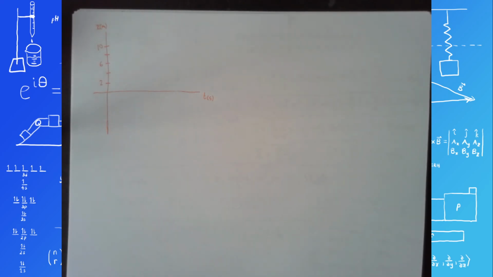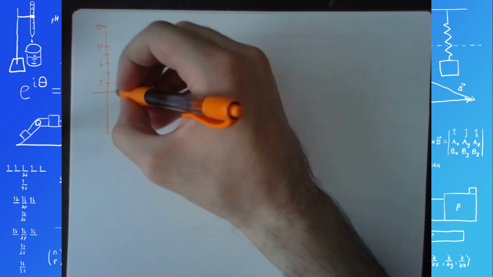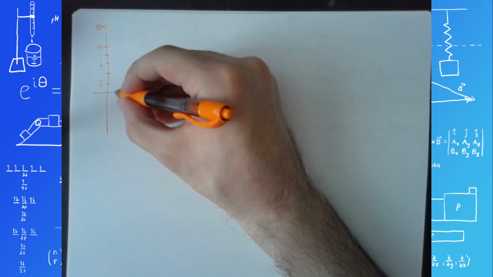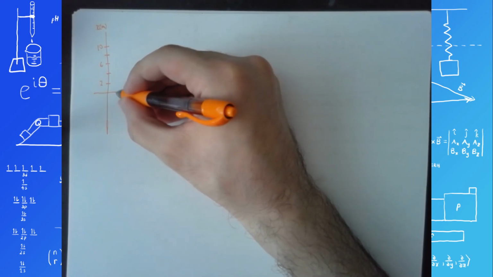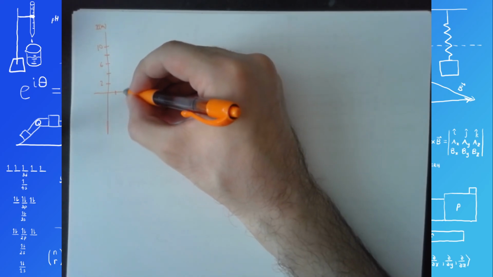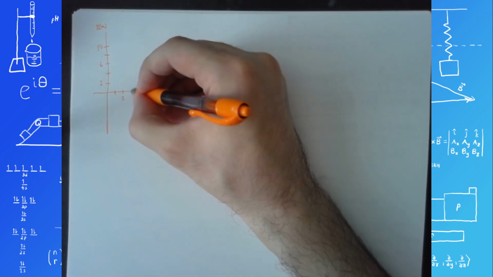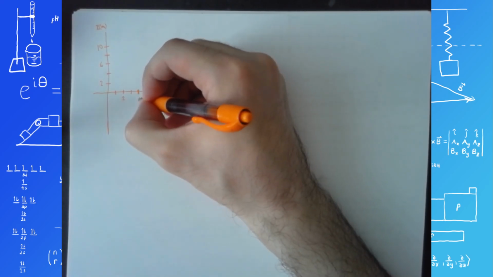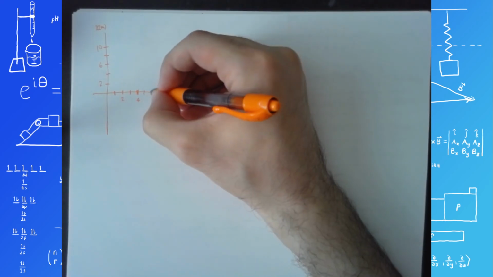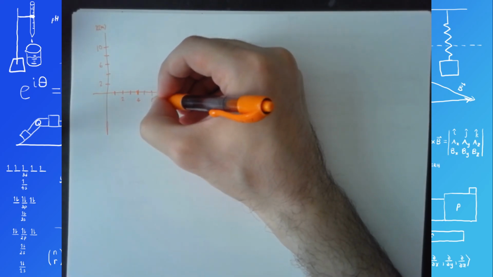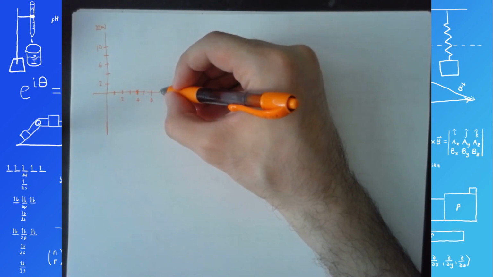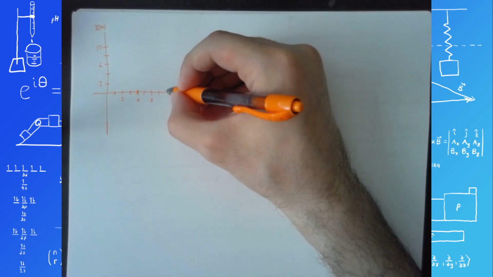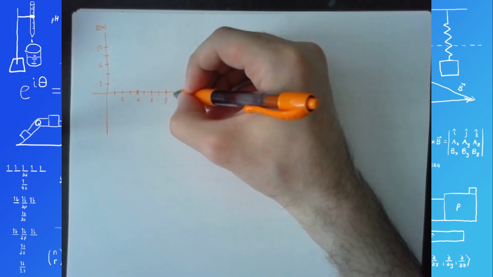I want to keep the orange for a second, and I want to do 1, 2, 3, 4, 5, 6. Definitely not to scale, but should be a good enough sketch.